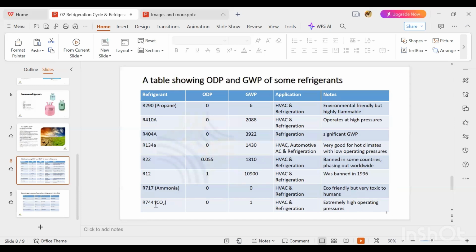This carbon dioxide operates at very high pressures, so it needs very robust systems to handle it. So it is very dangerous in that way. Though it has no problem to the environment, it is somehow dangerous to humans and very expensive to maintain and use, because of its extreme high operating pressures.